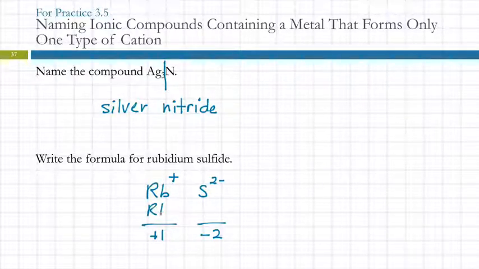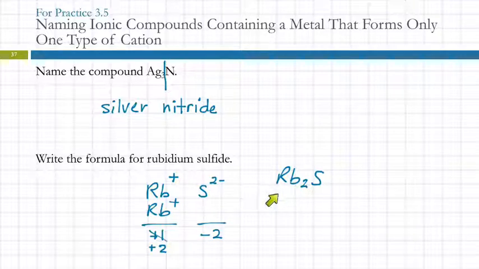So I'm going to put in another rubidium ion, and now I've got +2 and -2. So the formula will be Rb2S. If you have sloppy handwriting, when you get to the formula, slow it way down and do it carefully. Okay, I need to be able to read it. Any questions?